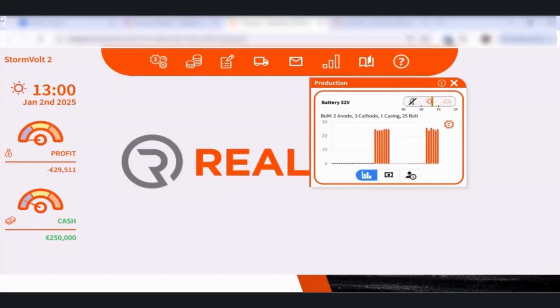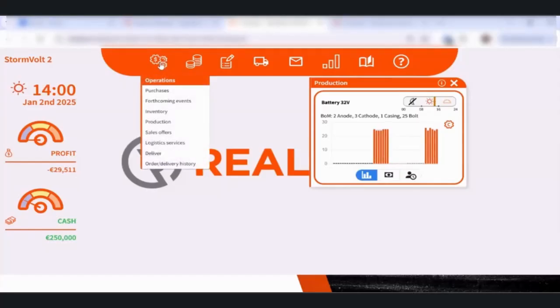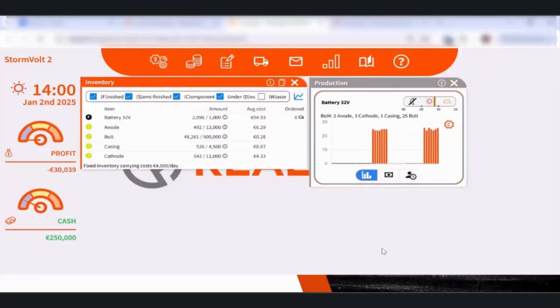Then we will have a look at the inventory of the company, which is of course linked to the production process. In the inventory, we have the end product as well as all components required to manufacture batteries.